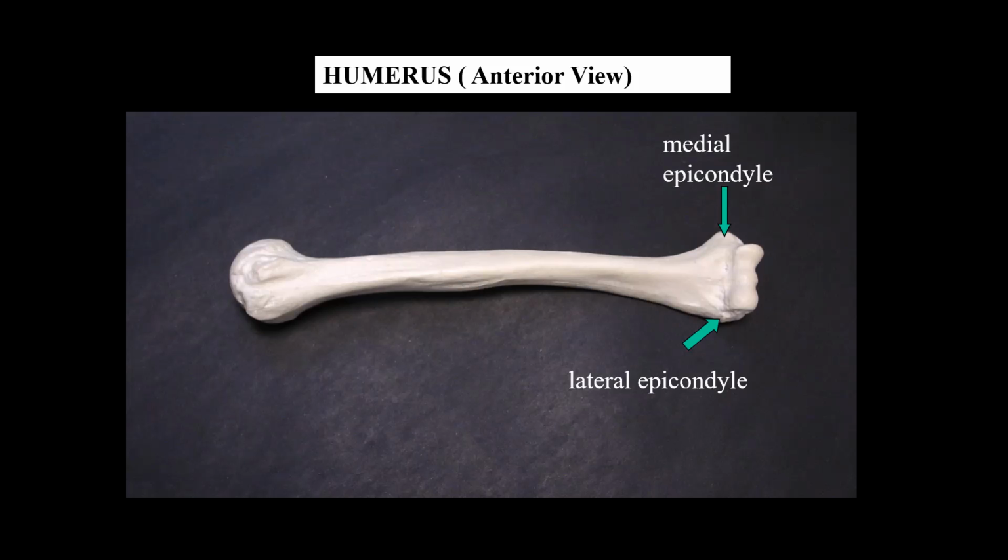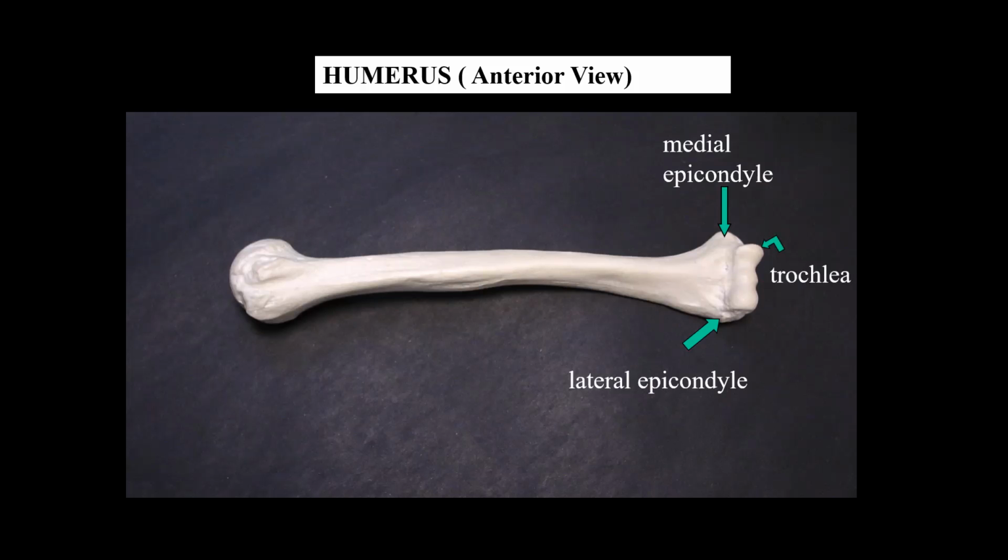So we have the medial and lateral epicondyles. Points of attachment for muscles. That's what we're using all these processes for. We also have this funny looking ridge line here called the trochlea.